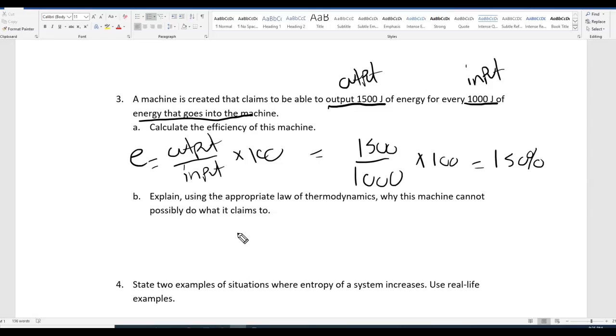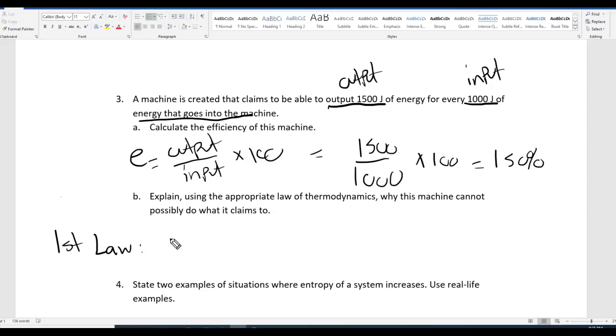The reason it's the first law is because the first law is basically conservation of energy. Okay, energy cannot be created or destroyed, but it can change forms. Now, if you get more energy out than you put in, that basically means you are creating energy.